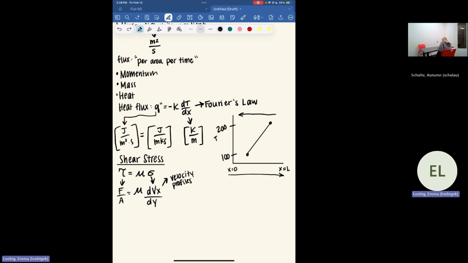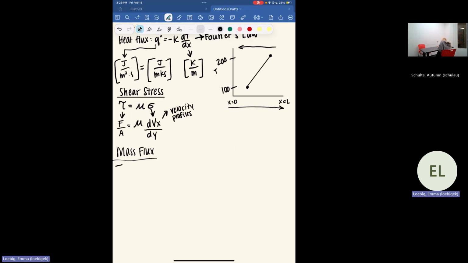Now I want to introduce mass flux. Mass flux can be written as J in units of mole per meter squared second, again, area, time, which is equal to a diffusion coefficient D multiplied by a change in concentration, which we'll put as Ca, with respect to position.